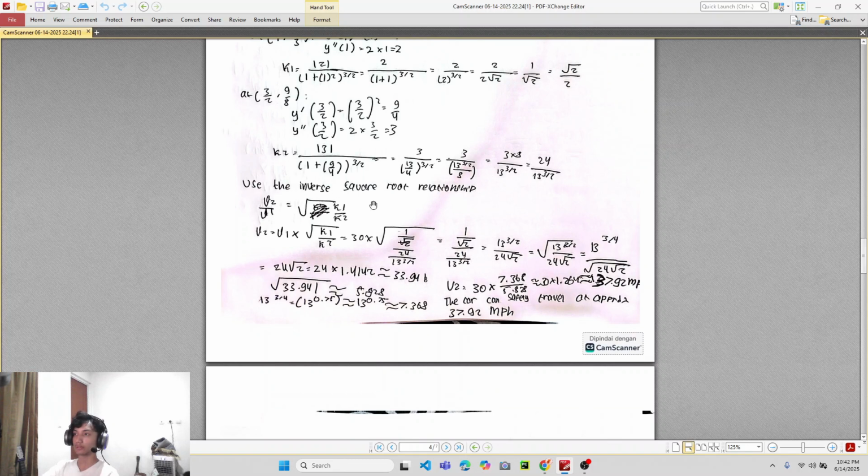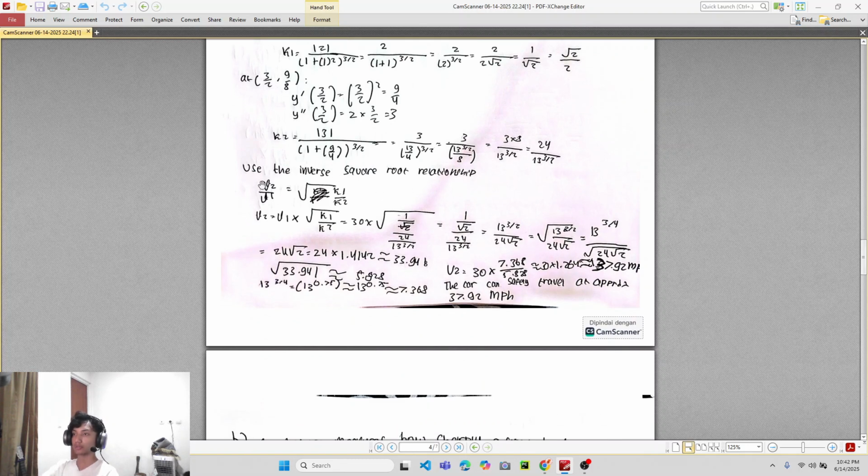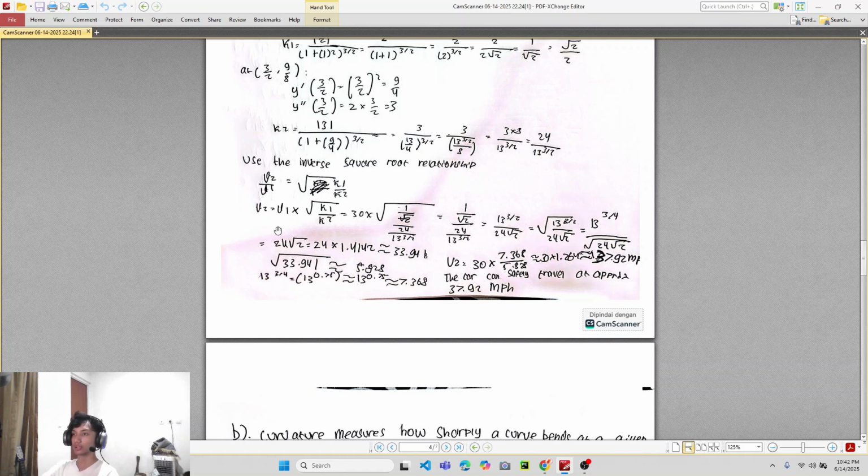So we use the inverse square root relationship here, and then v2 over v1 is root of k1 over k2, so v2 is v1 times root of k1 over k2.